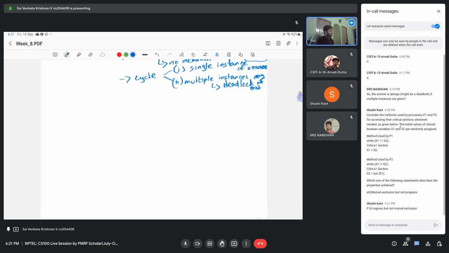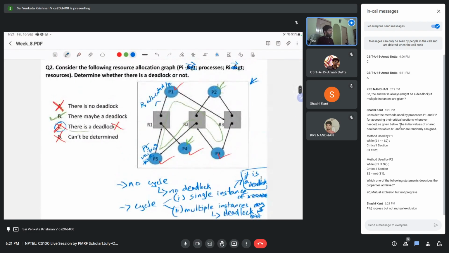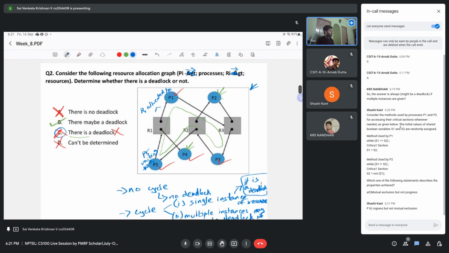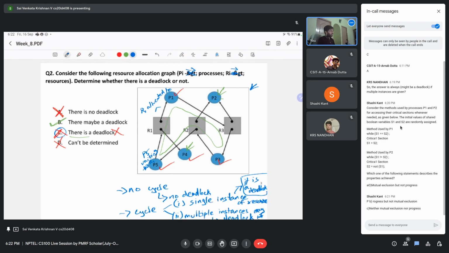If there are no doubts, any doubts in this question too, till now? If not, I'll just move to question 3 and then come to Shashikant's question, which he is posting in the chat box. Is that fine? Yeah, sure.